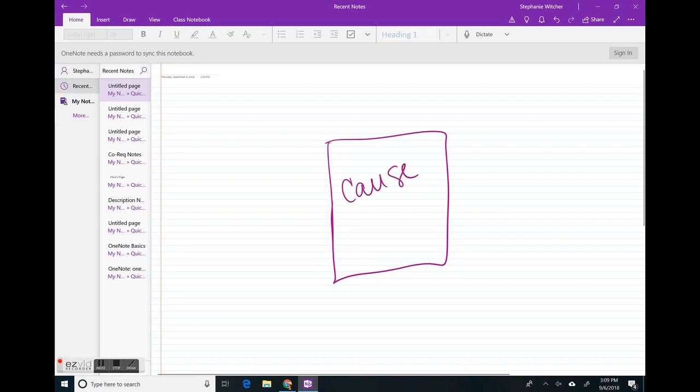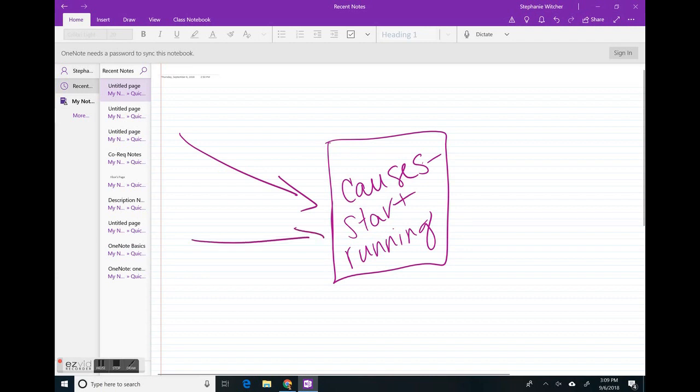What causes a person to start running? Okay, maybe that's what I'm going to talk about. All right, if that's the case, causes will look like this. So my brainstorming should look like this, because this is all different things or different events that lead to someone starting a running journey. Okay, so that's what that would look like.